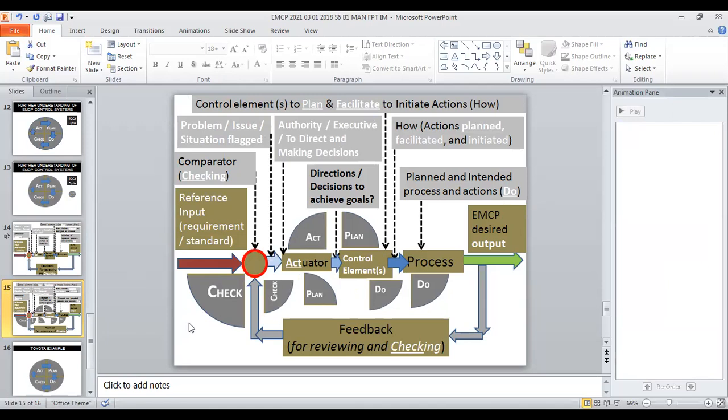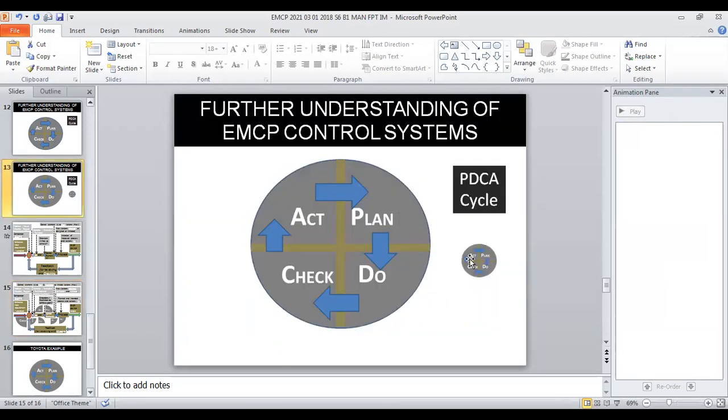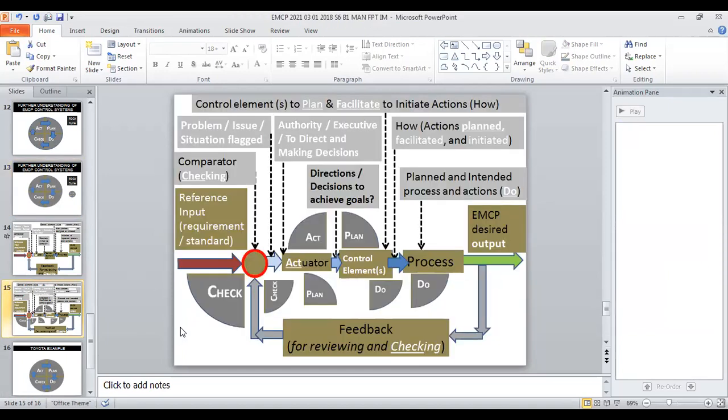Even though check is prominent here, even here itself there can be PDCA. It is a possibility. PDCA, I put it here.